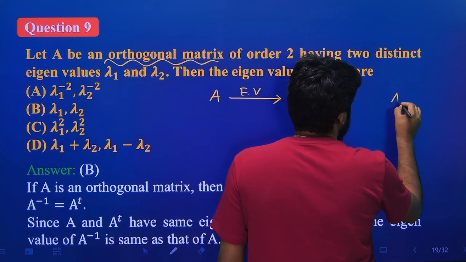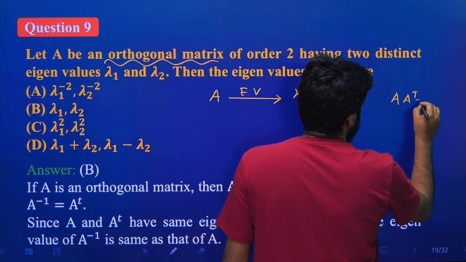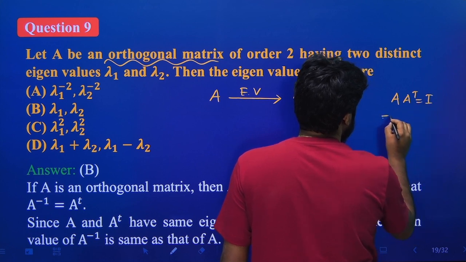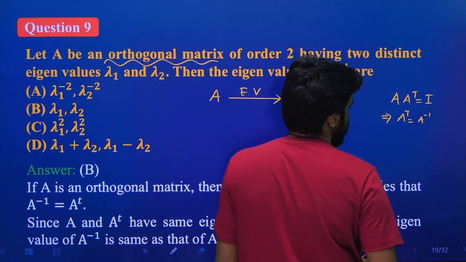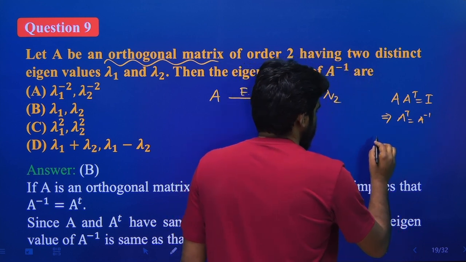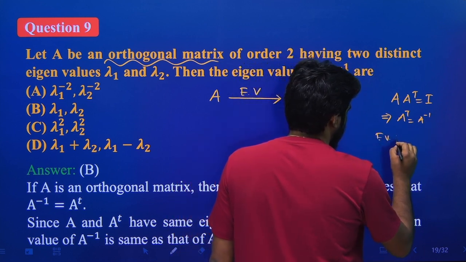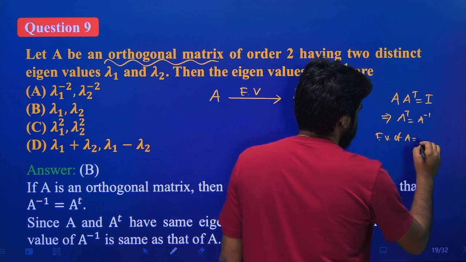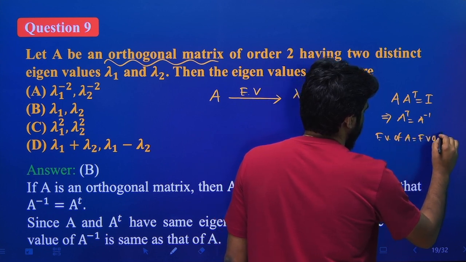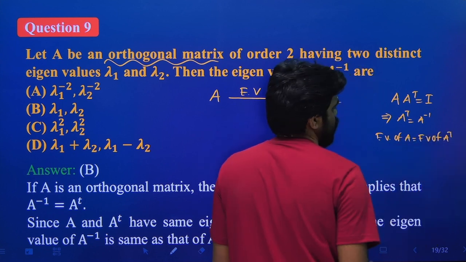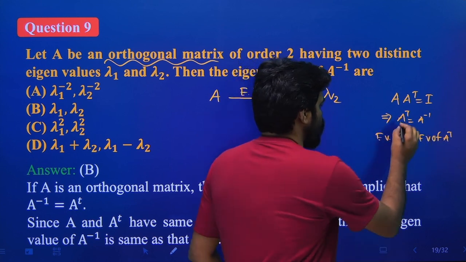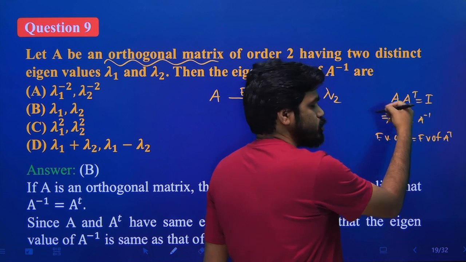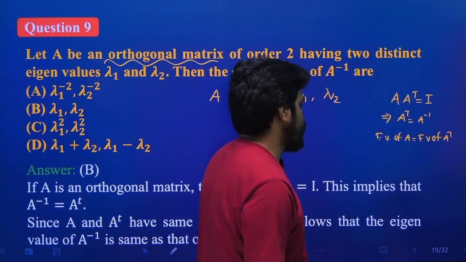If A is the orthogonal matrix, that is A into A transpose is equal to I. This implies A transpose is equal to A inverse. We know that eigenvalues of A is equal to eigenvalues of A transpose. Also A transpose is equal to A inverse for an orthogonal matrix, right?